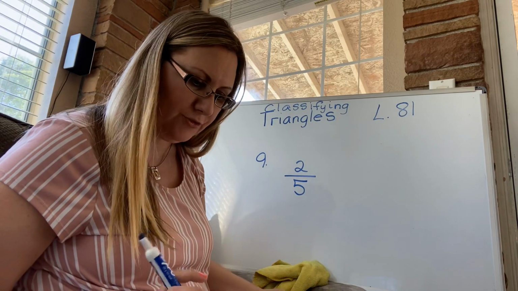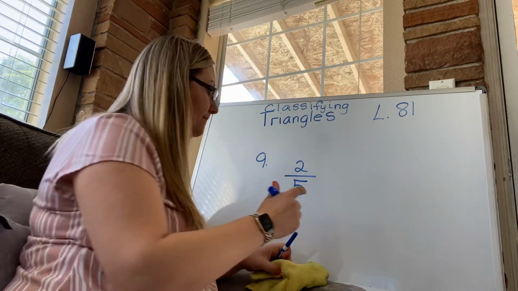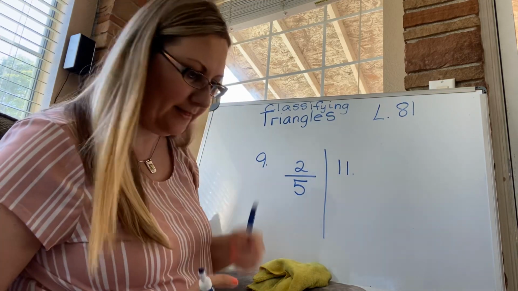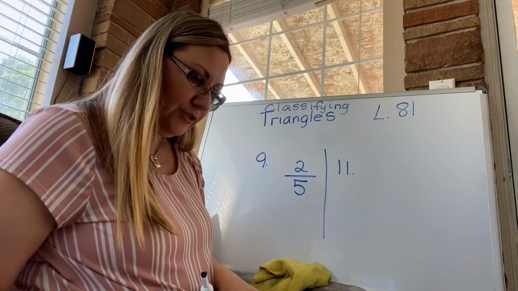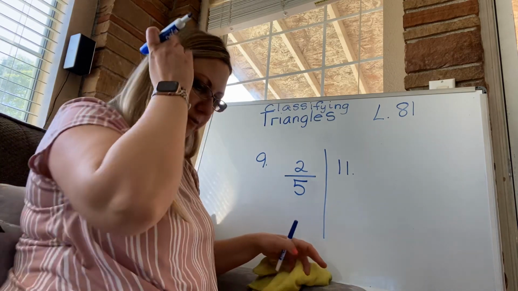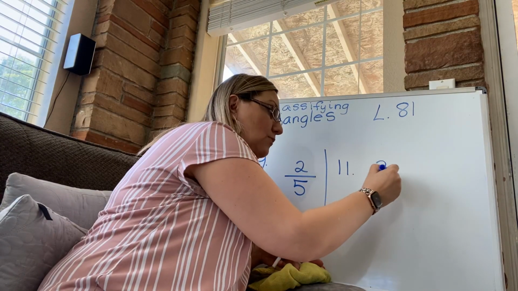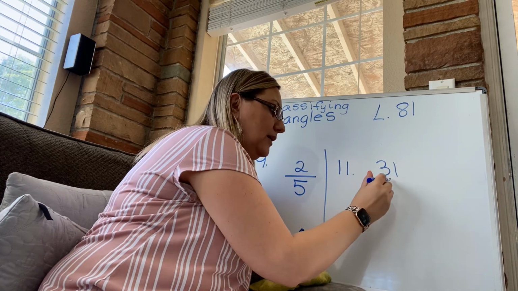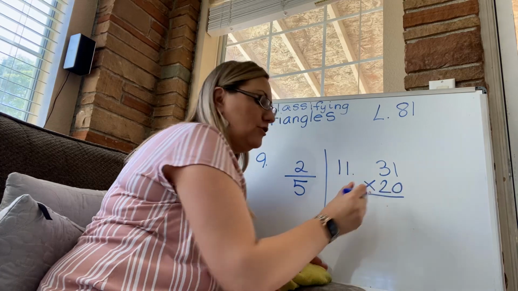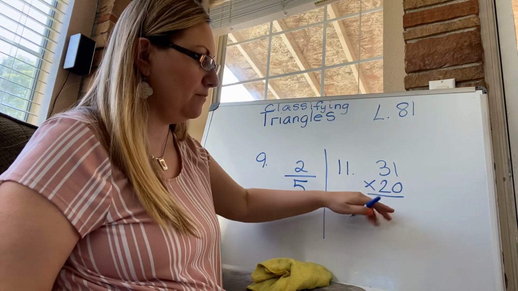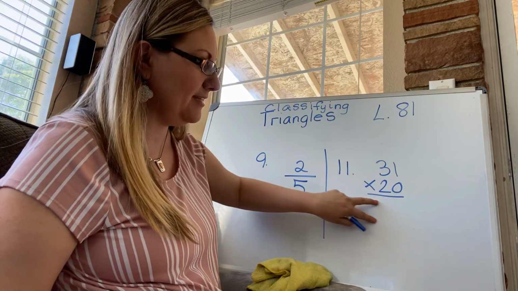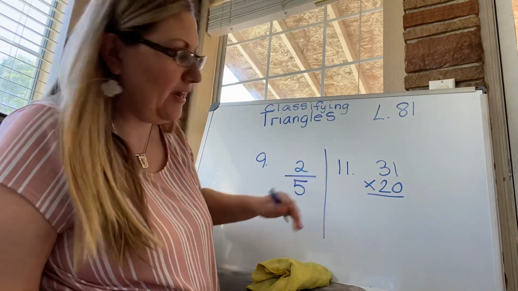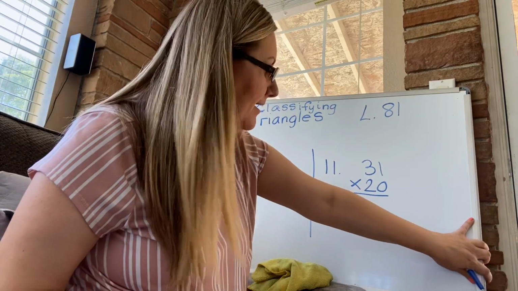Okay, let's go on to number 11. I have some room, so I'll just do it here. Number 11, which is a multiplication problem. It says 31 times 20. Now, we could write 31 times 20 just like this, and then do 2 lines of answers that we then add together. But we're still in 4th grade, so we're going to take a shortcut.